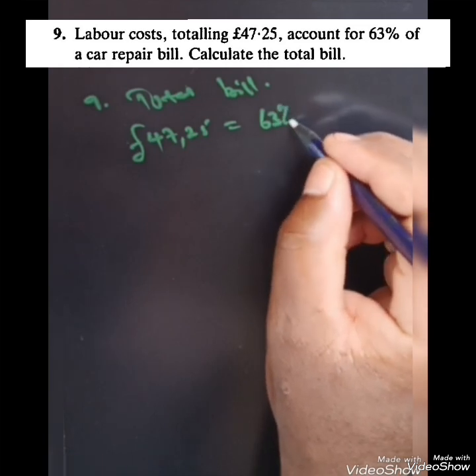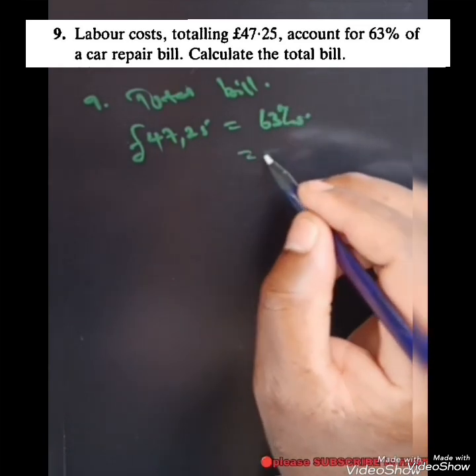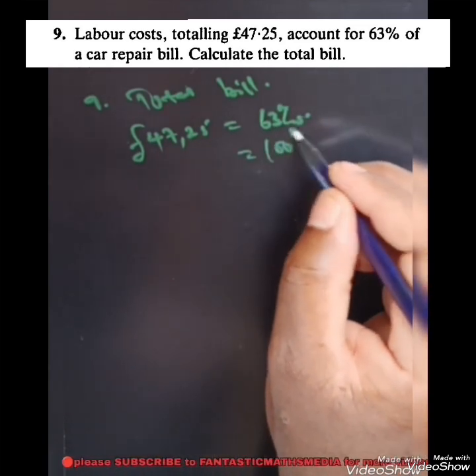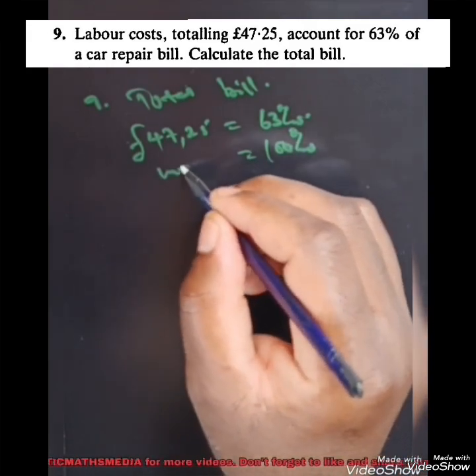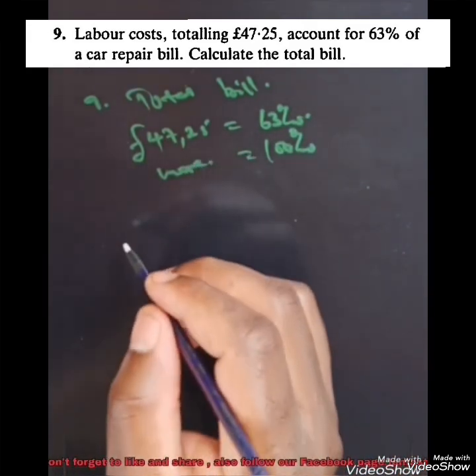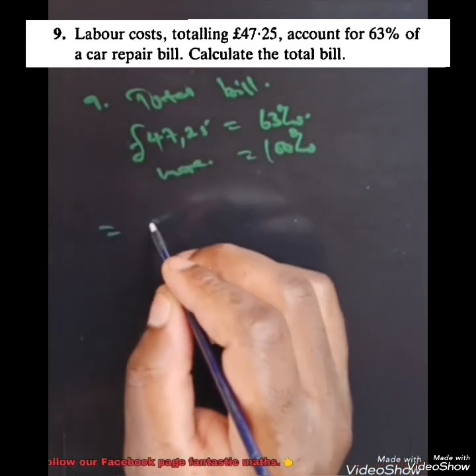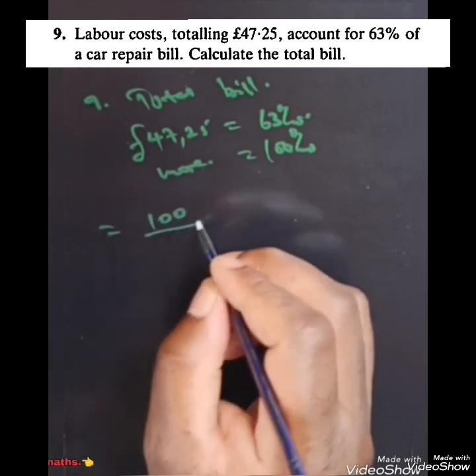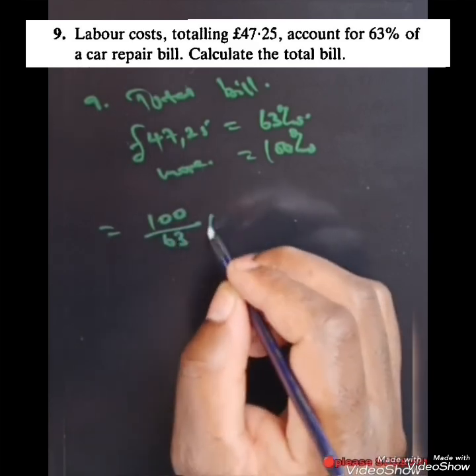What about 100%? 100% is more, so you put 100 over 63 times 47.25.